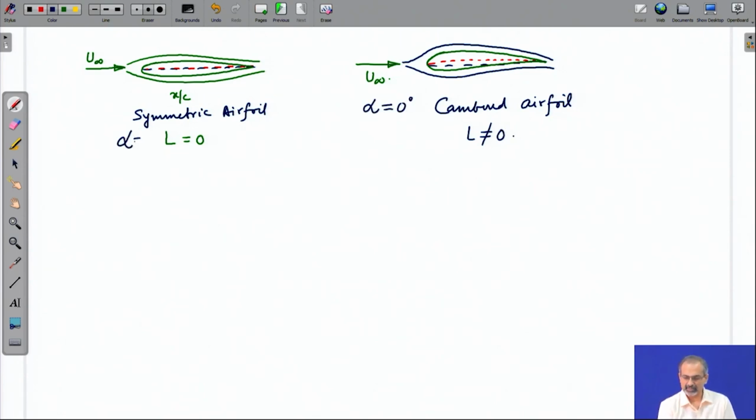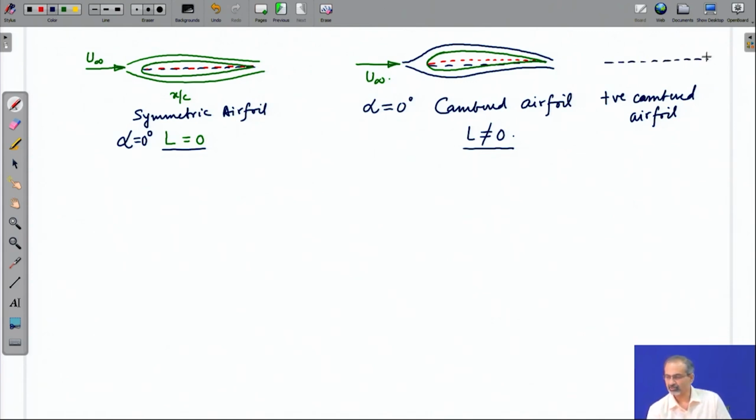So, at an angle of attack of 0 degrees, lift is 0 for a symmetric airfoil, while lift is positive for a positive cambered airfoil. What we mean by positive cambered airfoil is that the camber line is above the chord line. If incidentally the camber line was below the chord line, that would have led to a negative camber.